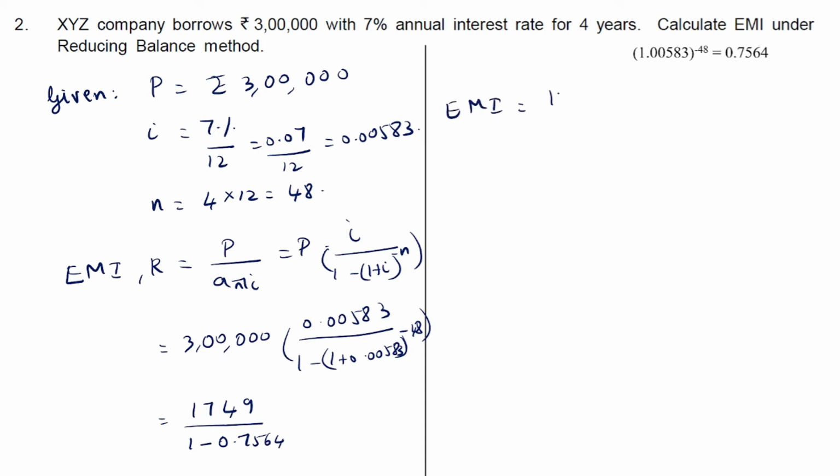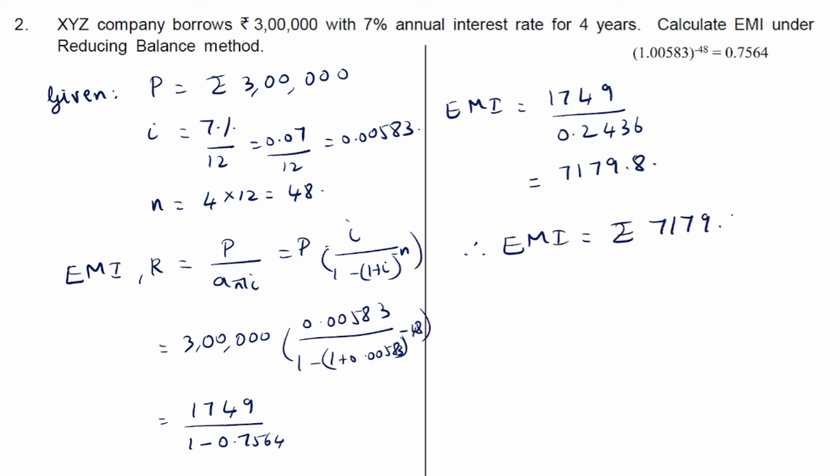So EMI is 1749 upon 0.2436. When we divide, we get 7179.8. Therefore, EMI equals rupees 7179.8.